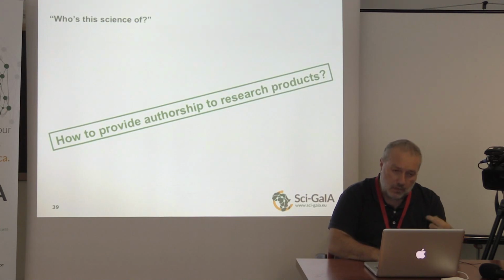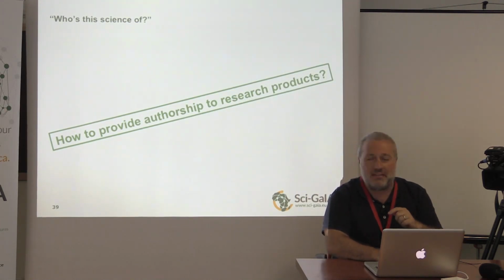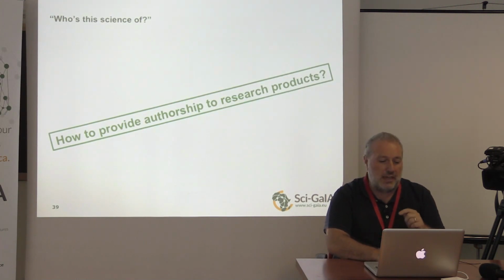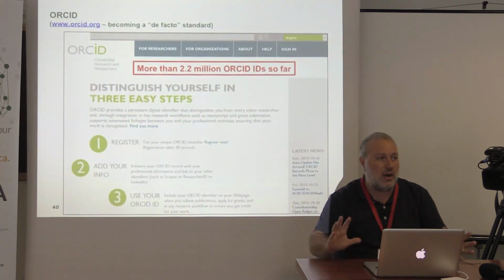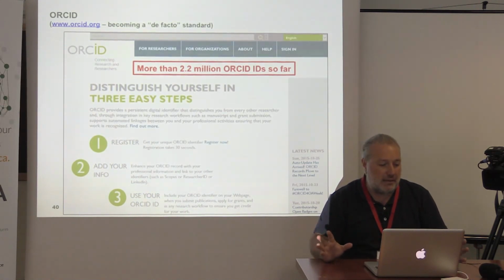So since we are using DOIs, this comes basically for free, thanks to the interaction between DOIs and ORCID. ORCID is becoming a de facto standard to disambiguate researchers in the world. So I may ask you, how many in the room have ORCID profiles?